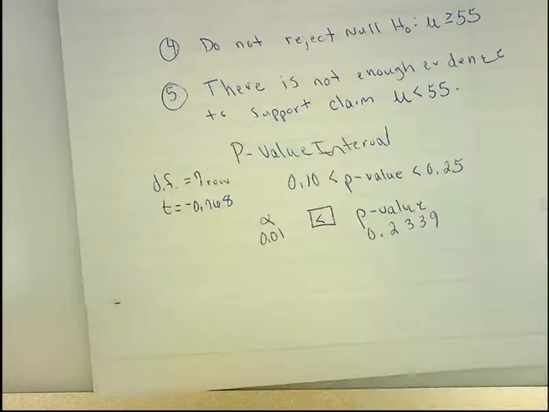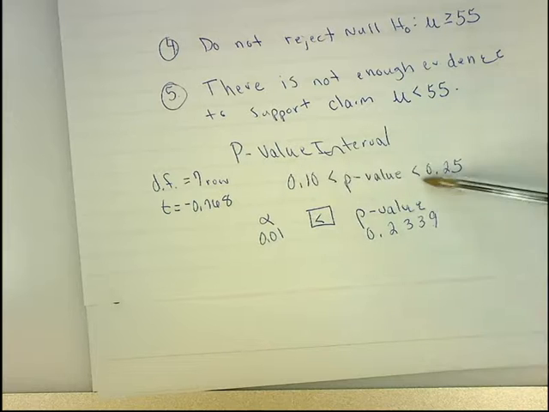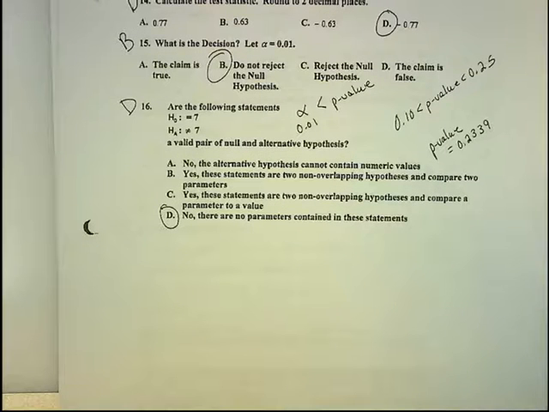If alpha is less than p-value, do not reject the null hypothesis. Therefore, there is not enough evidence to support B's claim. Same decision, same summary. Alpha is smaller than the p-value from the calculator or any possible p-value in this interval, 0.1 to 0.25. And that concludes that fourth whole word problem here.